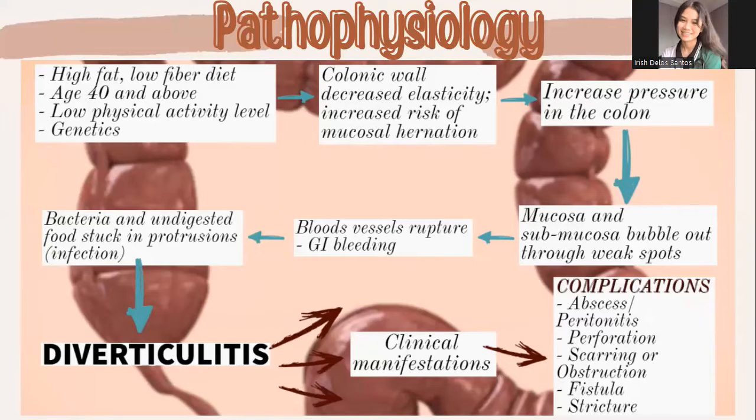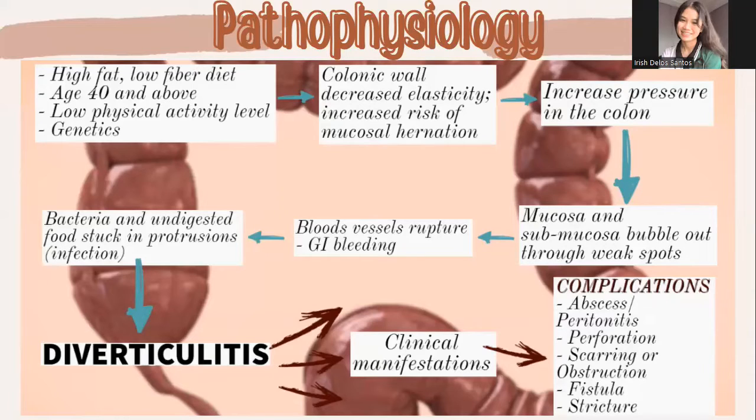For the pathophysiology, it is discussed earlier that the etiology is unknown, but several factors can trigger diverticulosis leading to diverticulitis. So we have here high fat, low fiber diet, older adults with the age of 40 and above, low physical activity levels, and genetics.